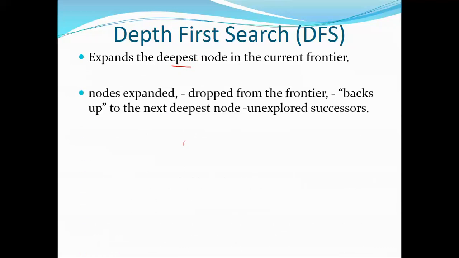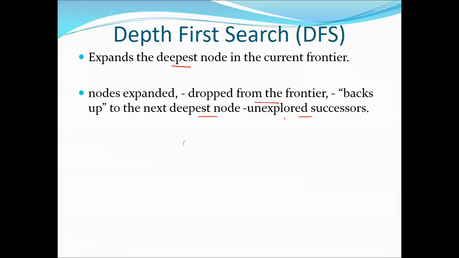After expanding a node and identifying that it is not a goal state, if that node is a leaf node, then that node will be dropped from the frontier, and the algorithm will back up to the next deepest node, and it will explore the unexplored successors, and it will proceed.